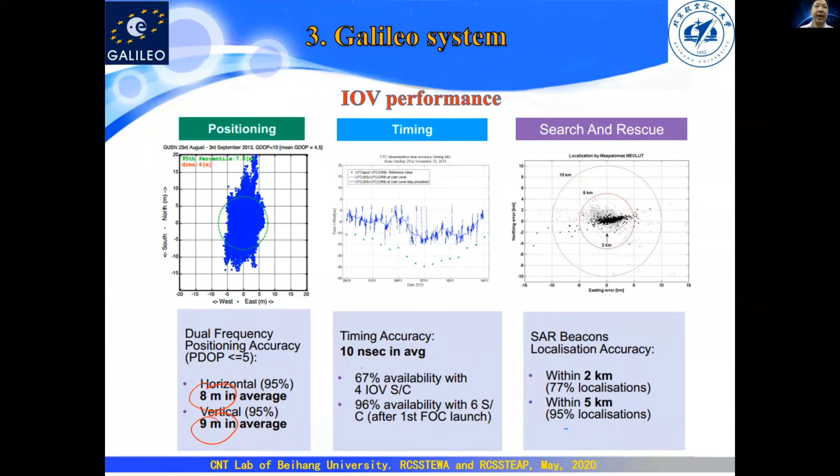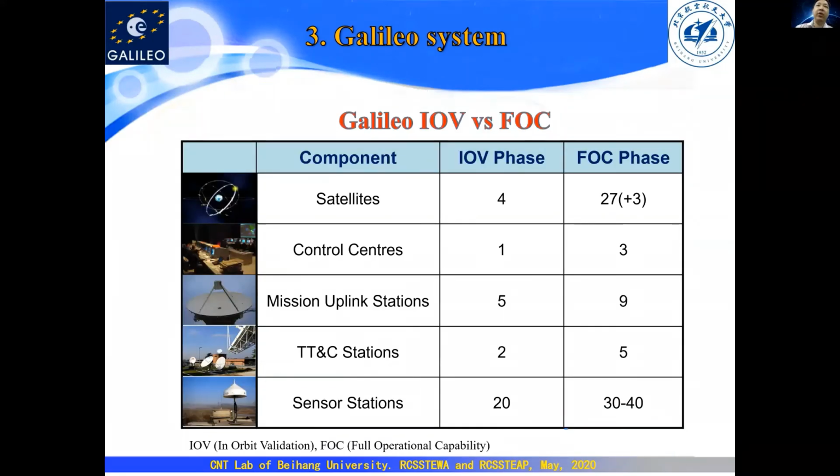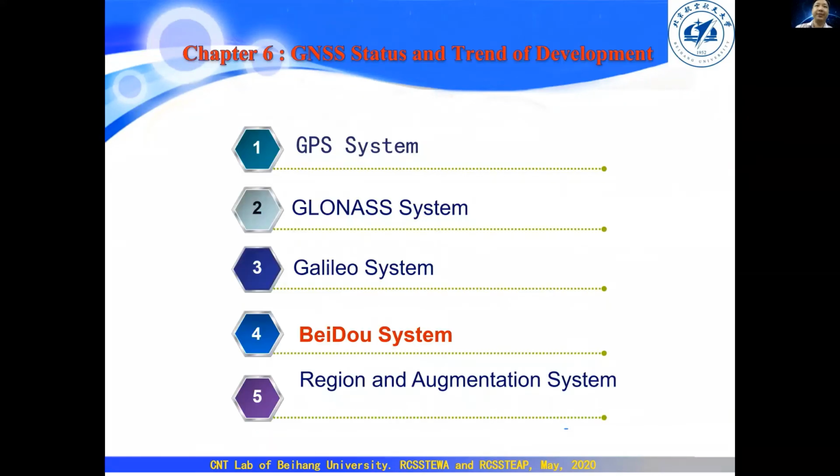And time accuracy is 10 nanoseconds, and the search and rescue beacon can have 2 kilometer accuracy. This is the Galileo ground control segment distributed all over the world, and this is the Galileo initial validation vehicles and their future development.